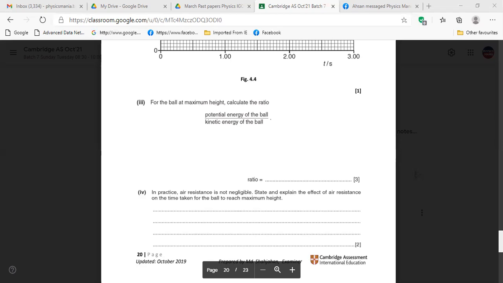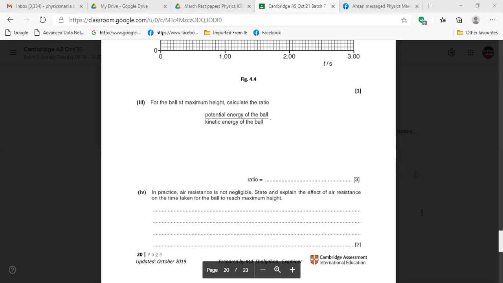Then the horizontal component is calculated, 25.5 divided by 3 equals 8.5 meter per second. So you have all the information here. We have height, we have g, the value we know. So you can calculate it.